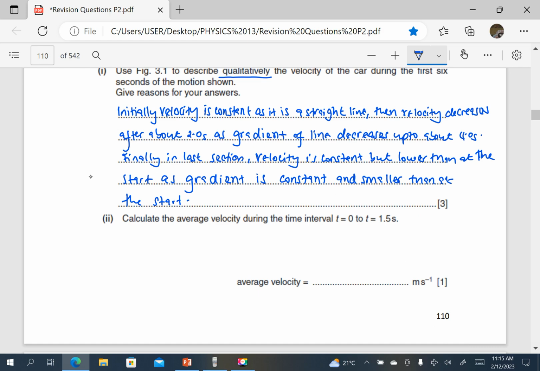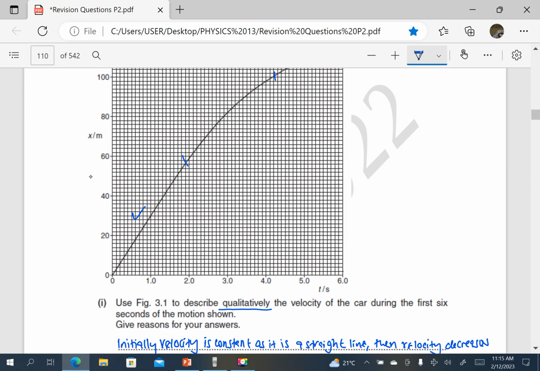Calculate the average velocity during the time t equals 0 to t equals 1.5. So 1, 2, 3, 4, 5. I think this is 1.5. So we want to find the average velocity, so that is going to be simply the gradient.